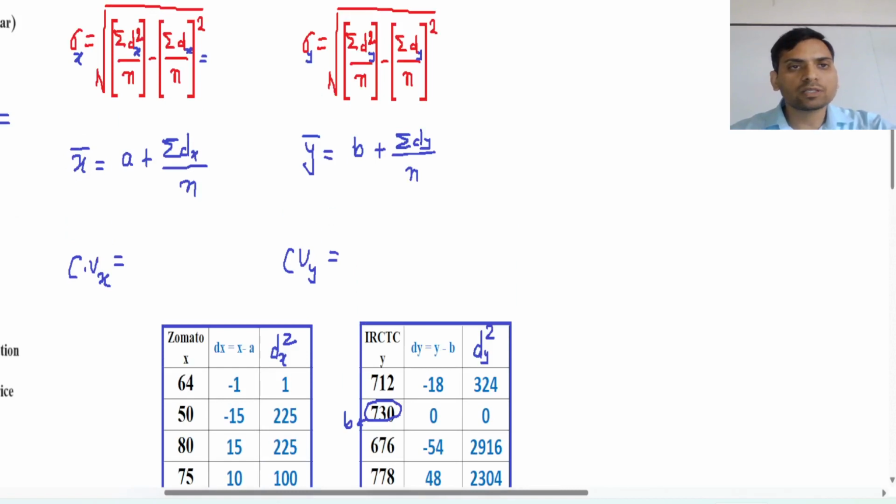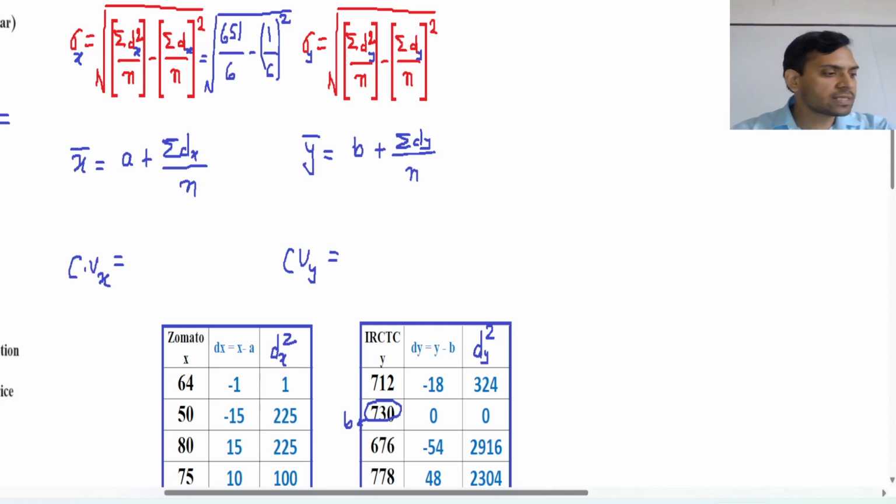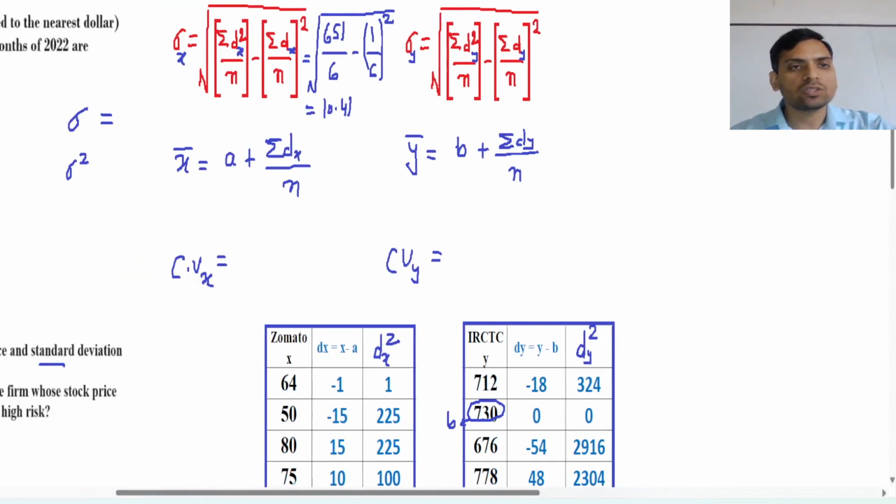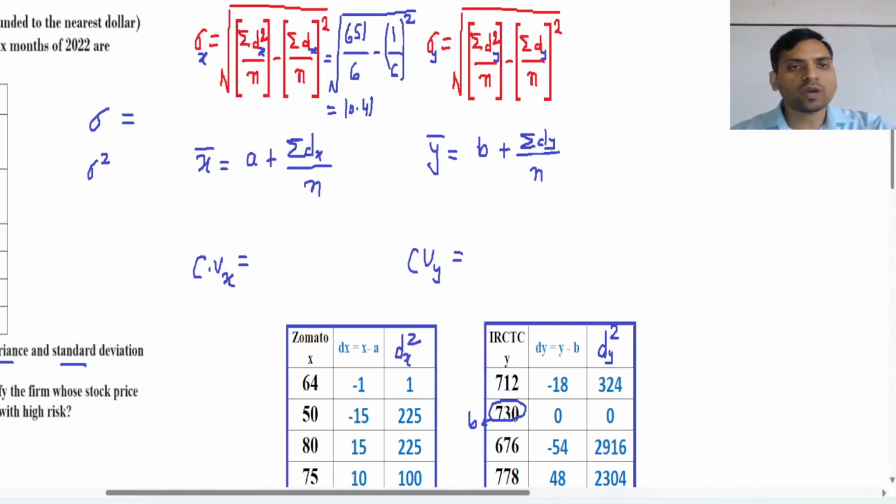We put 651 here, with number of observations 6, minus summation dx squared, 1, divided by 6, and then take the square root. Then you get the standard deviation: sigma x is 10.41, and for variance you take its square.